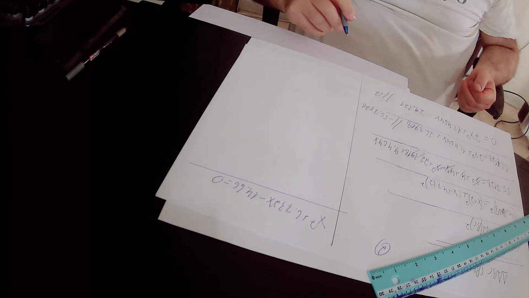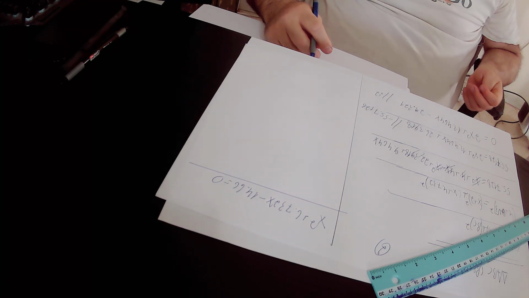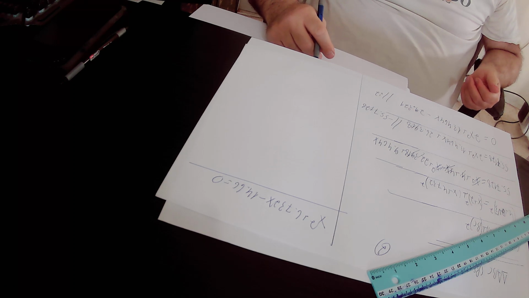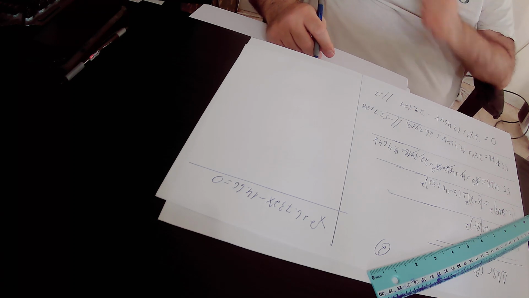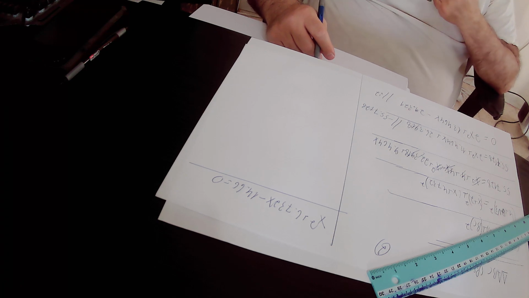So finally we actually found out that x squared plus 6.732x minus 14.66 equals 0. This is of course a quadratic equation.